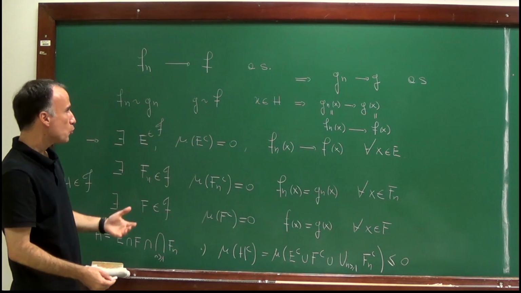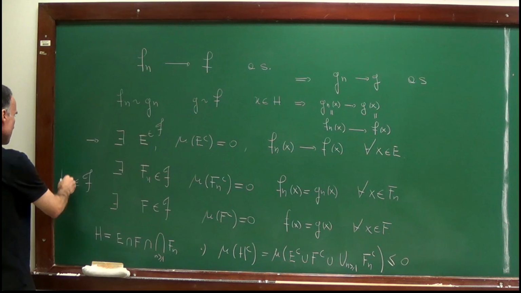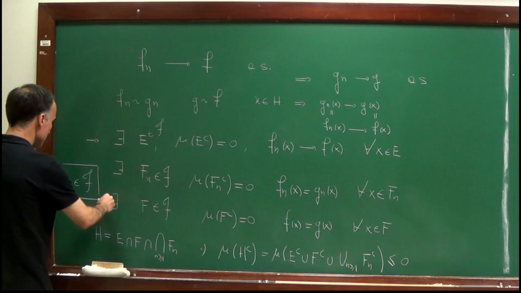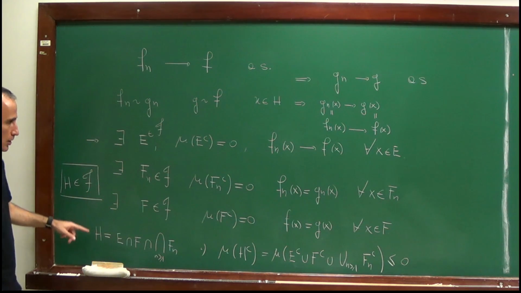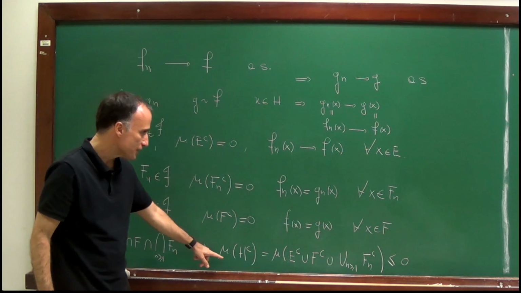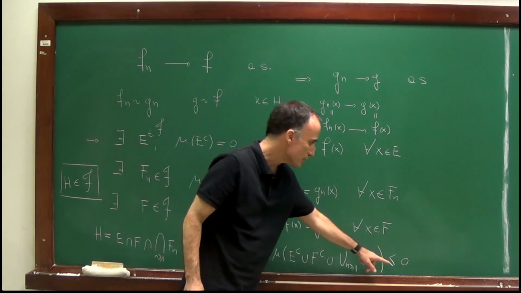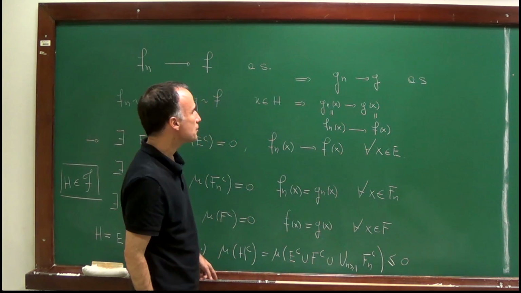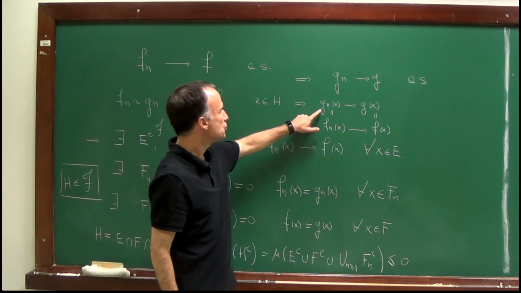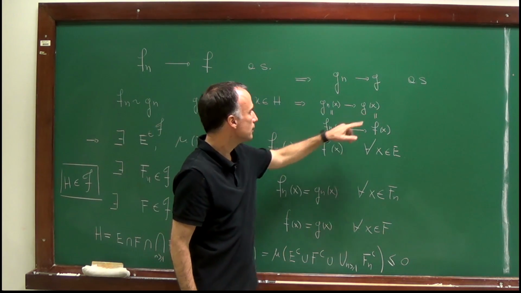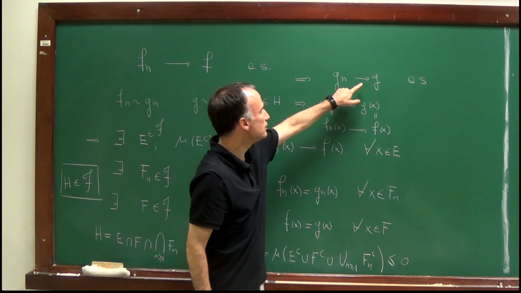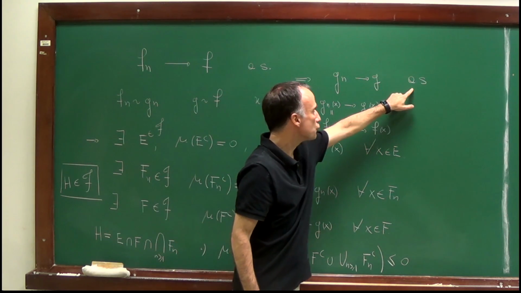g(x). So we proved the existence of a set H in the sigma algebra, such that the measure of the complement of H is equal to 0, and such that on H, gn(x) converges to g(x). And this means that gn is indeed converging to g almost surely.